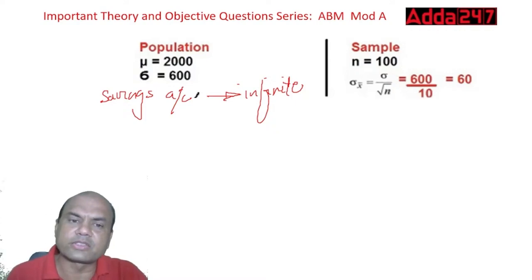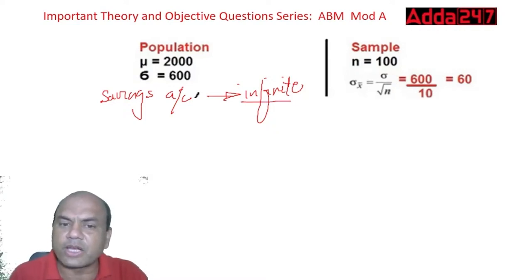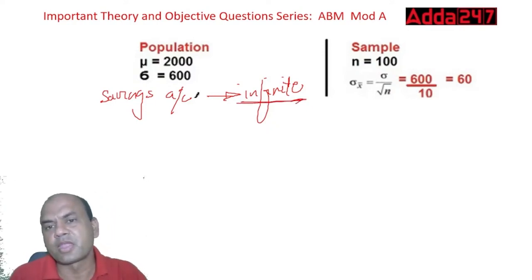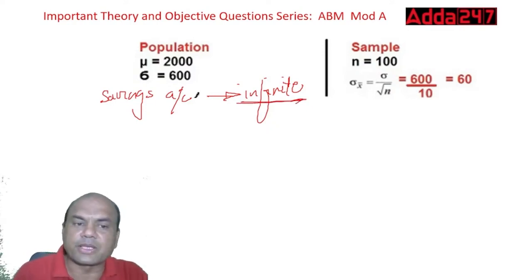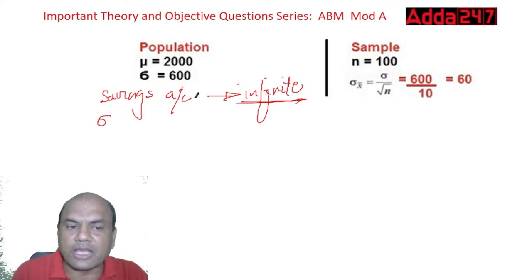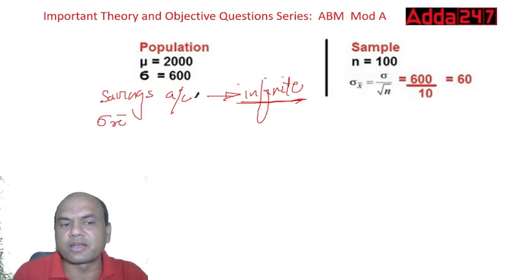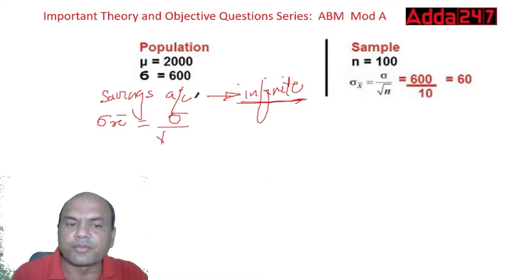While solving this numerical, the first step is to find out whether this is a finite or infinite population. For an infinite population, the formula for standard error, sigma x bar, is standard deviation sigma upon root of n.